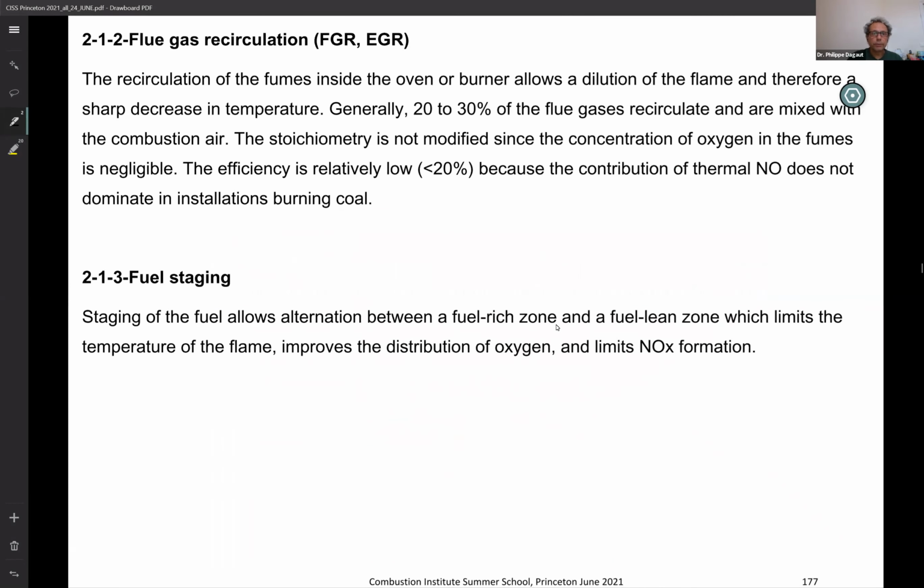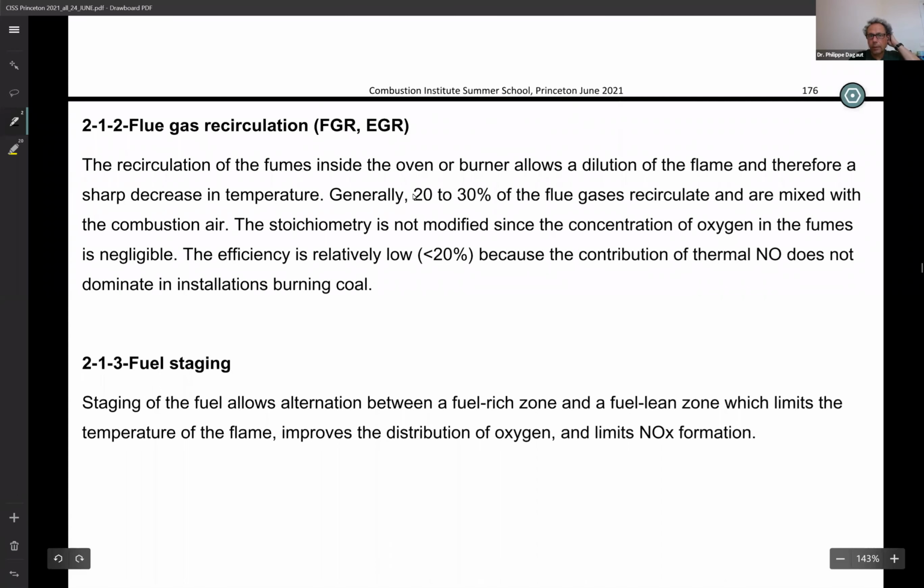We can use flue gas recirculation. It's similar to EGR used in piston engines. The recirculation of fumes inside the oven or burner allows a dilution of the flame, and again by dilution you decrease the temperature.